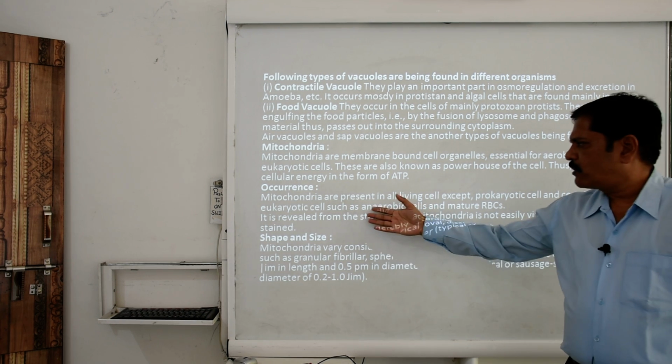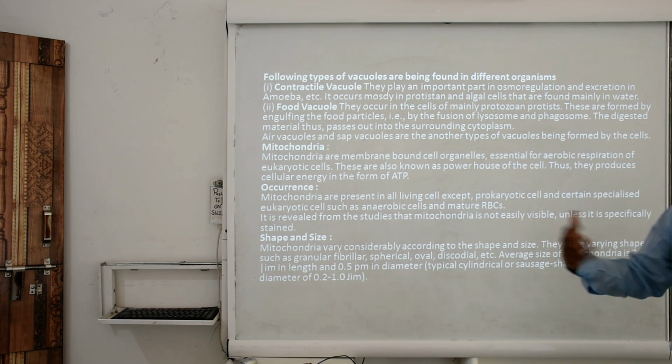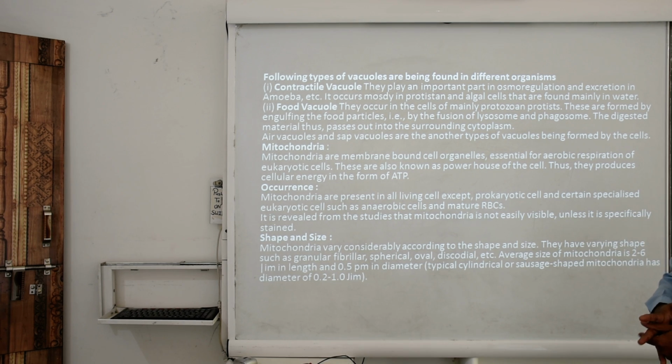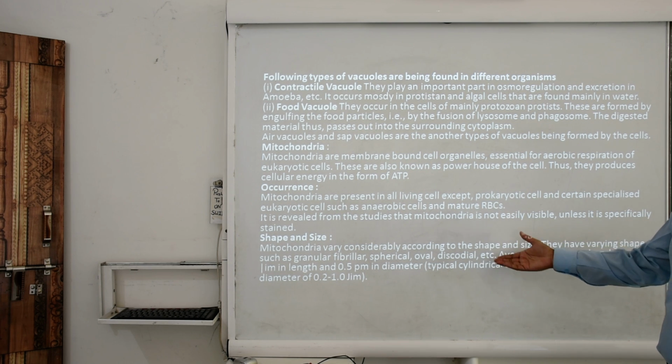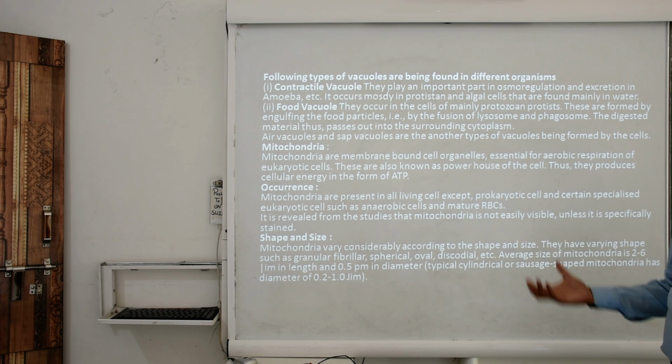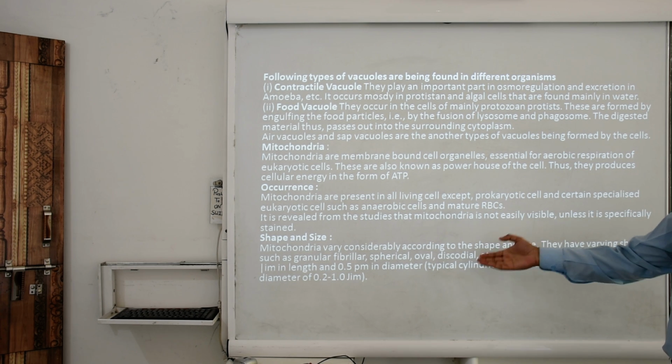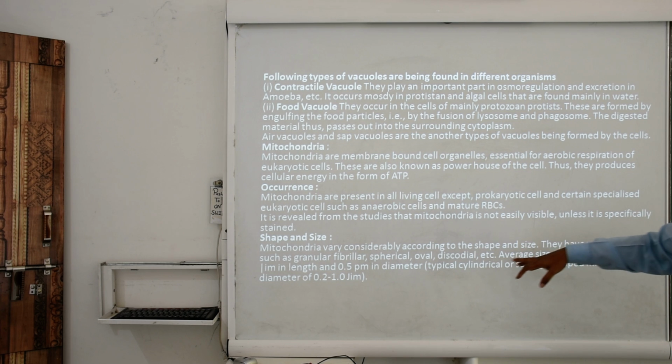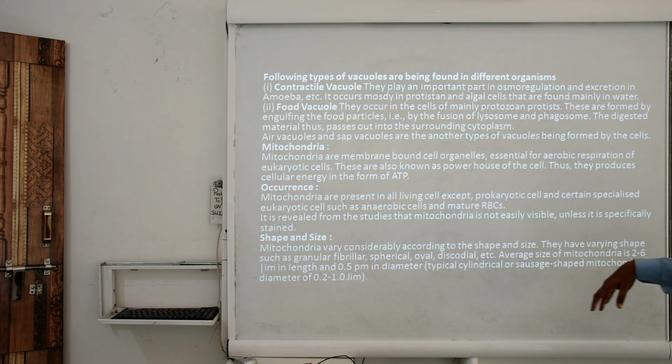Its occurrence is found in both plant cells and animal cells, and it is present in higher number especially where aerobic respiration takes place. Its shape and size vary in nature, from granular and fibrous shapes to spherical, oval and discoidal, and you can even observe different shapes too.